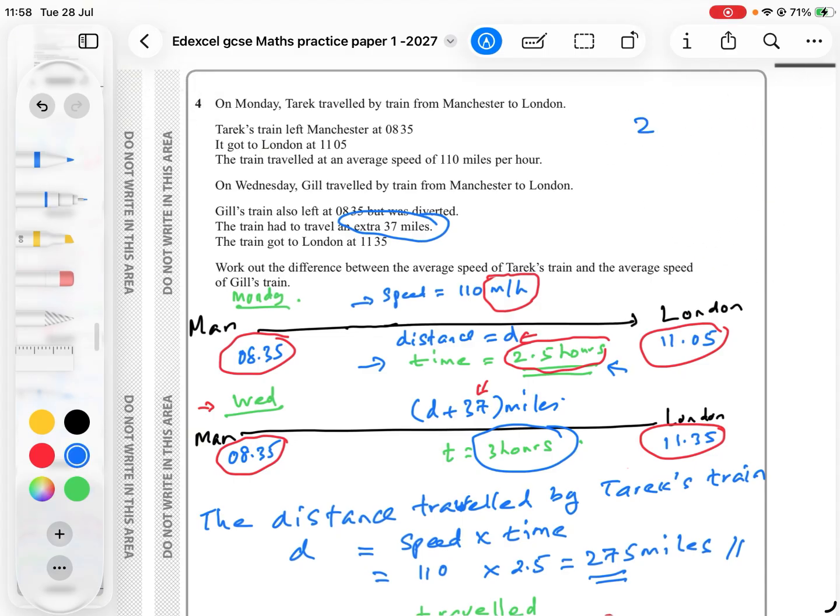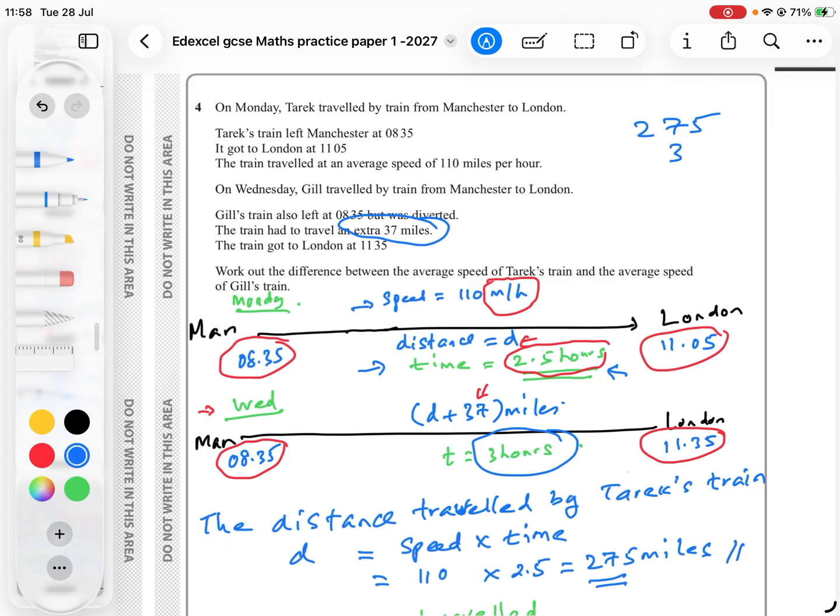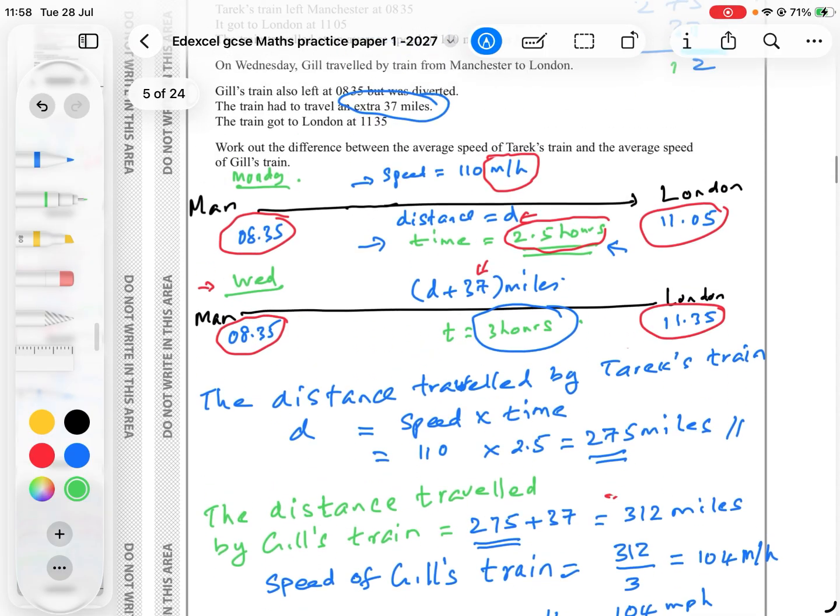275 plus 37. 7 add 5 is 12, 1 left. 8... 3 add 7 is 10, plus the 1 is 11.